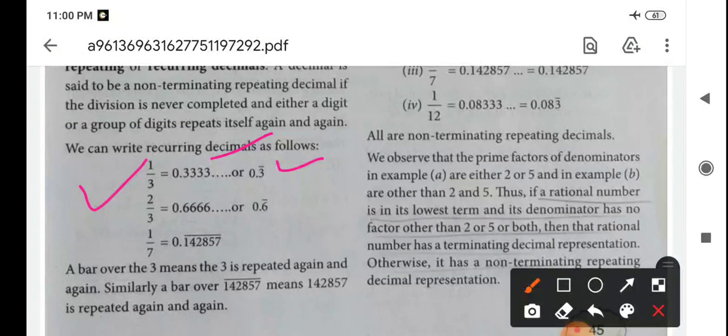This 0.666 we can write as 0.6 bar. Here also we write 0.142857, and again 142857, with a bar. These are the short forms we can write, like 0.3 bar, 0.6 bar.